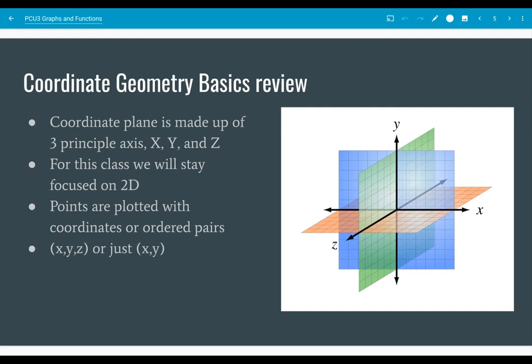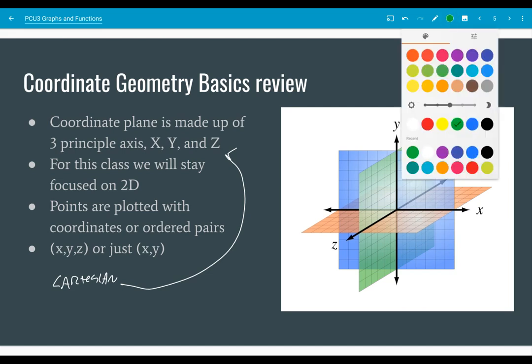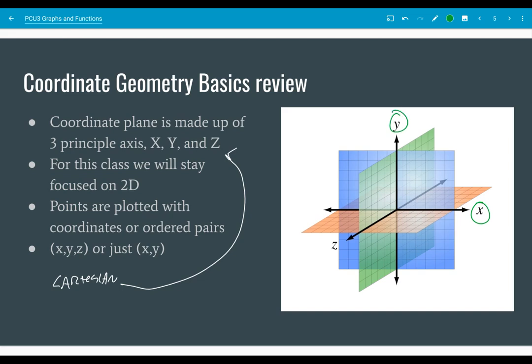So this is Cartesian coordinates. That's the x, y, z. Typically, we assume x and y is on the plane we're looking at, and z is out of the plane. But it all depends. So you're always going to want to look at your graphs to see what your axes are labeled.